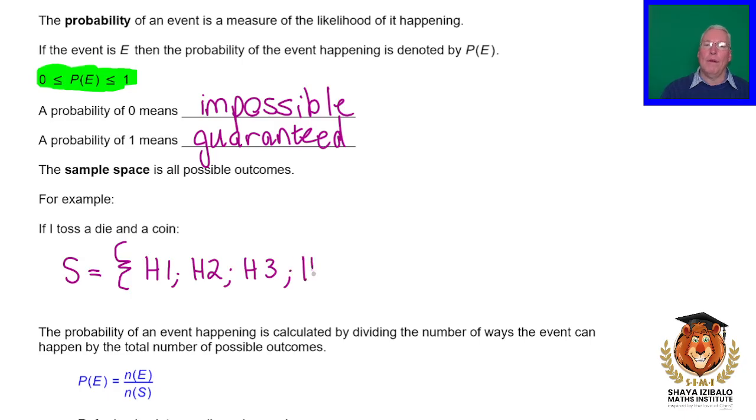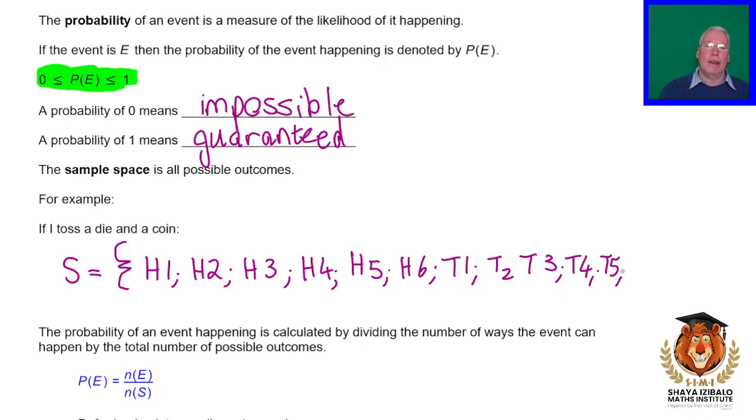Heads with a 4, heads with a 5, heads with a 6, tails with a 1, tails with a 2, tails with a 3, tails with a 4, tails with a 5. I'm trying to fit them all in on one line, I don't know why. Tails with a 6, and that's that. There are actually 12 things that can happen.